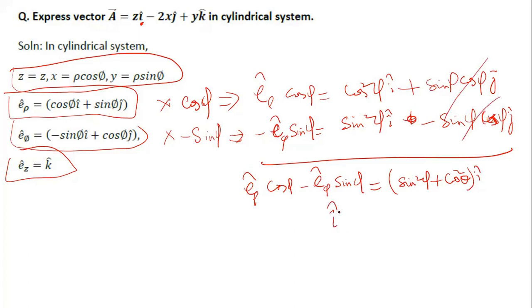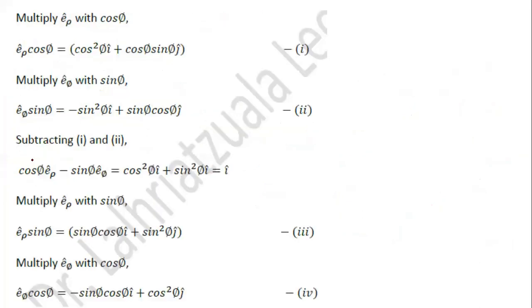Therefore you can write your i cap as cos phi e rho minus sine phi e phi. Like that you can express your j cap, and you can express your k cap. k cap will simply be e z.